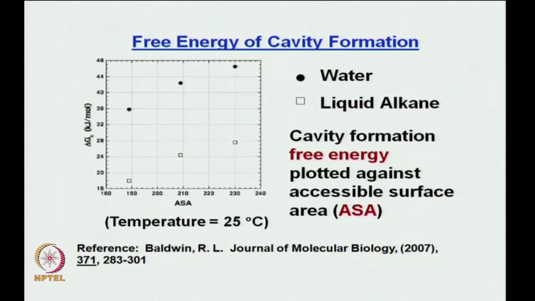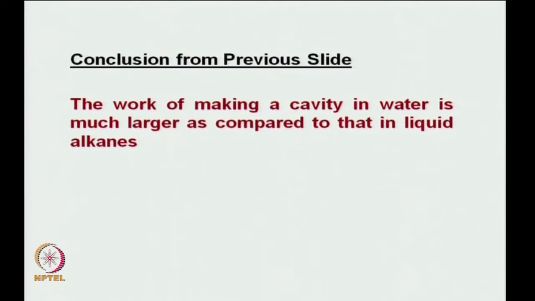And because this is plotted against accessible surface area, as we go from left to right, from low to higher accessible surface area, I am essentially increasing the chain length of my organic or hydrophobic molecule. So, the main conclusion of the previous figure is that the work of making a cavity in water is much larger as compared to that in liquid alkenes. Okay, that we know by now.